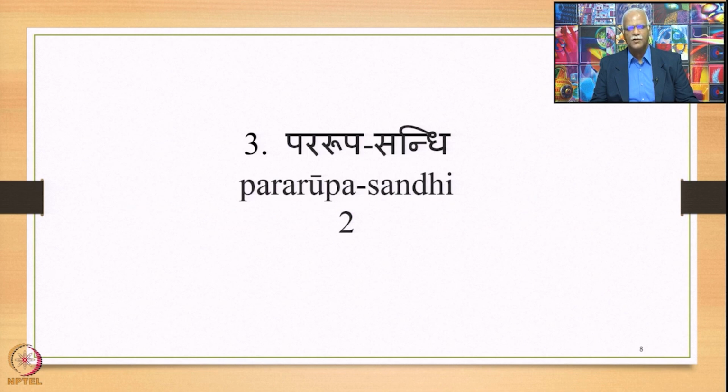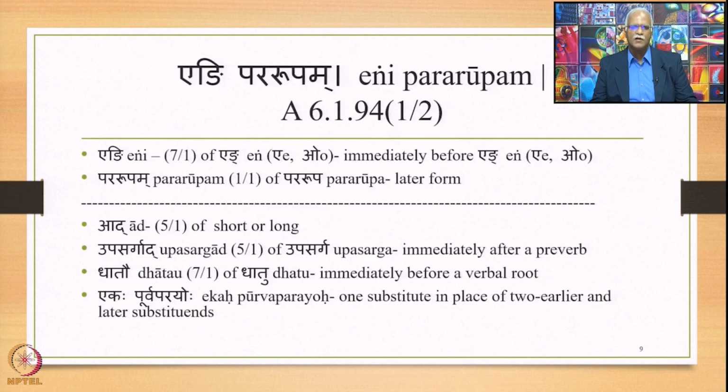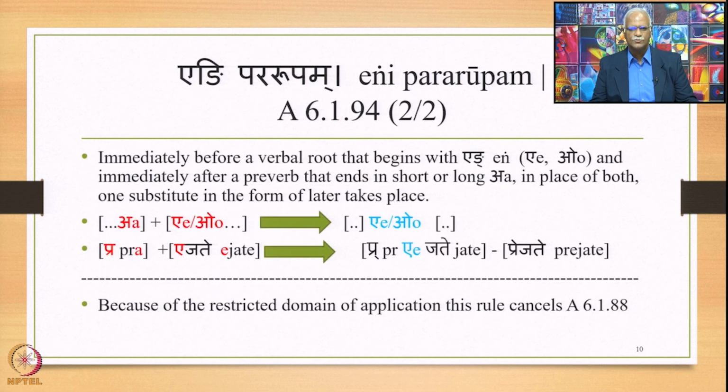And this Pararupa Sandhi is stated primarily by the Sutra Engi Pararupam 6.1.94, and we have studied this sutra in detail. What this sutra means is immediately before a verbal root that begins with ing and immediately after a preverb that ends in short or long a, in place of both, one substitute in the form of the latter, that is Pararupa, takes place.